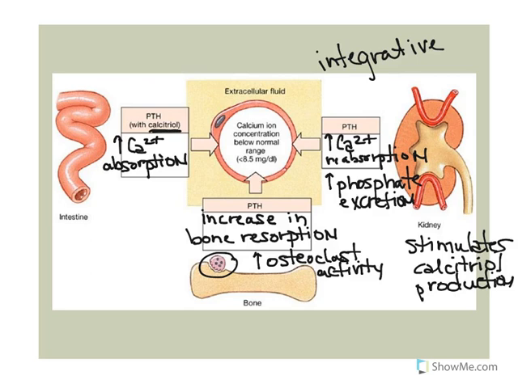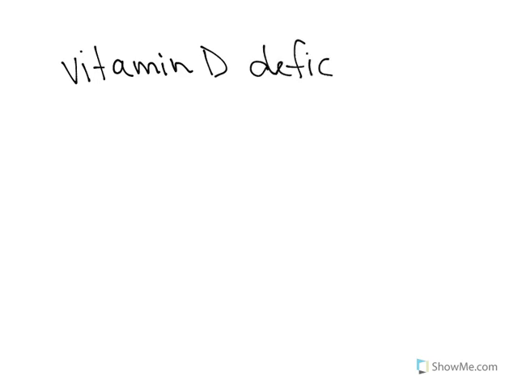So I'm just going to do something real quick, to kind of tie in some clinical stuff with talking about hormonal regulation. I want to just give you a mention of what would happen if I have a vitamin D deficiency, which is actually fairly common now because not a lot of people get enough exposure to sunlight.